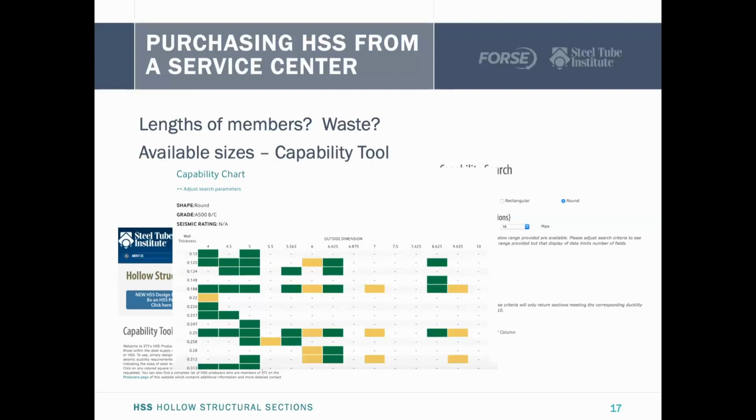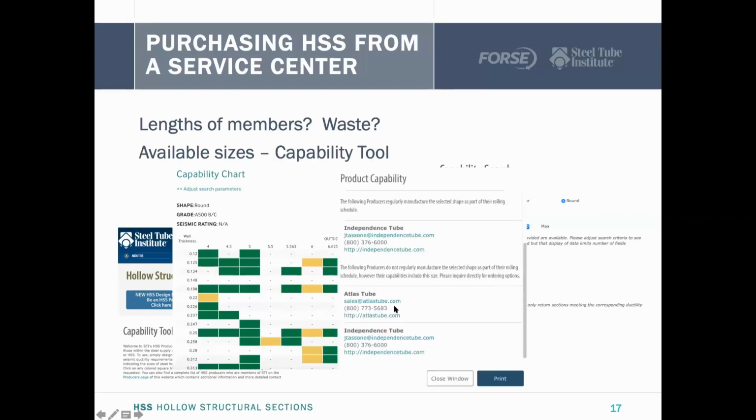There's a chance that there is some imported material coming into the United States that would meet those sizes, but we have no way of checking on that and telling you where it might be. So it's a bit of a gamble to do that. And then going a step further, if you need to see who actually makes it, you can click on any of those colored cells, and the producers that actually make it are given here.